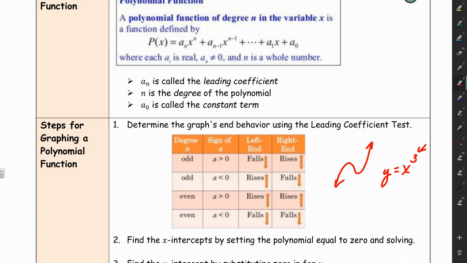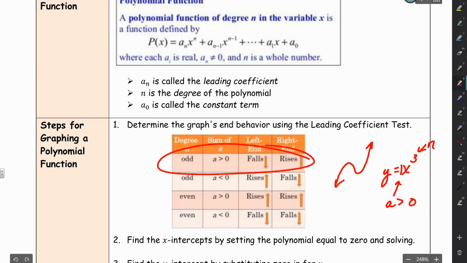The value of a, which is a visible 1 here, so 3 is n, and a is greater than 0. So we have this first situation. We have an odd degree, a is greater than 0, so on the left, the end behavior is falling, and on the right, the end behavior is rising.